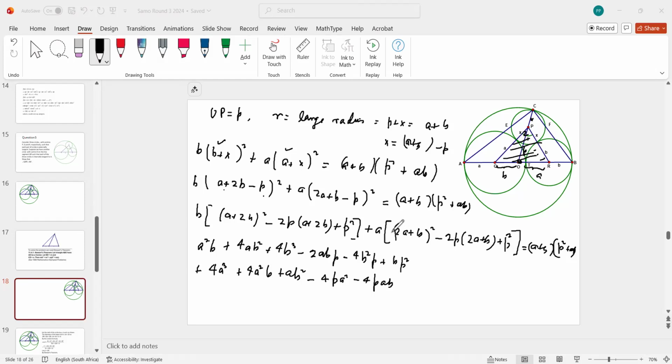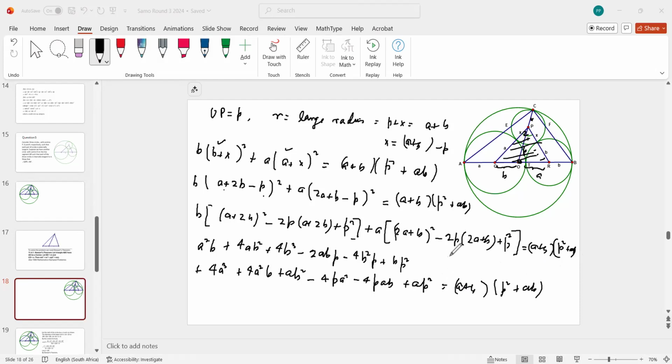And then you have A times P squared, which is AP squared, equal to A plus B into P squared plus AB.